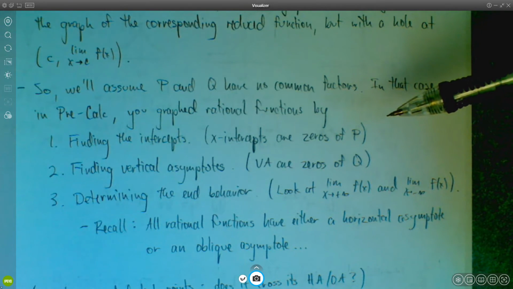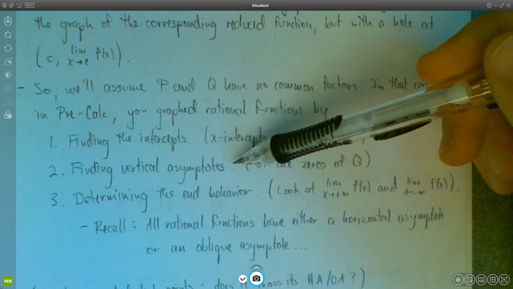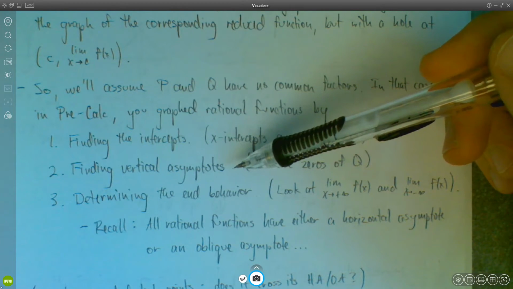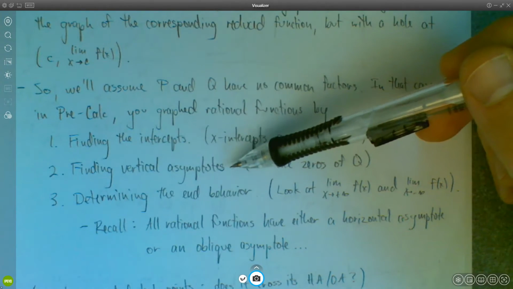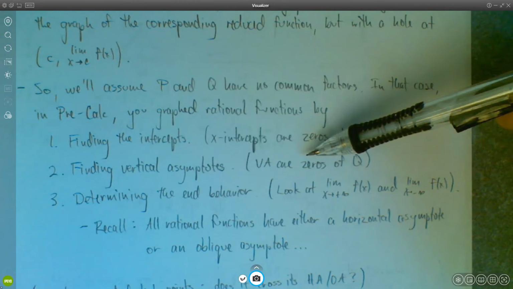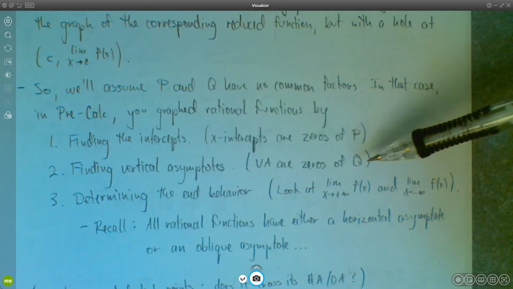Those are your x-intercepts. The other thing you probably did is you found vertical asymptotes. Now, not every rational function has a vertical asymptote. Some of them have 0, some of them have 1, some of them have several. You could have 2 or 3 or 4 vertical asymptotes, or any number of vertical asymptotes. But the way that you find them is the vertical asymptotes are the zeros of the denominator, q.